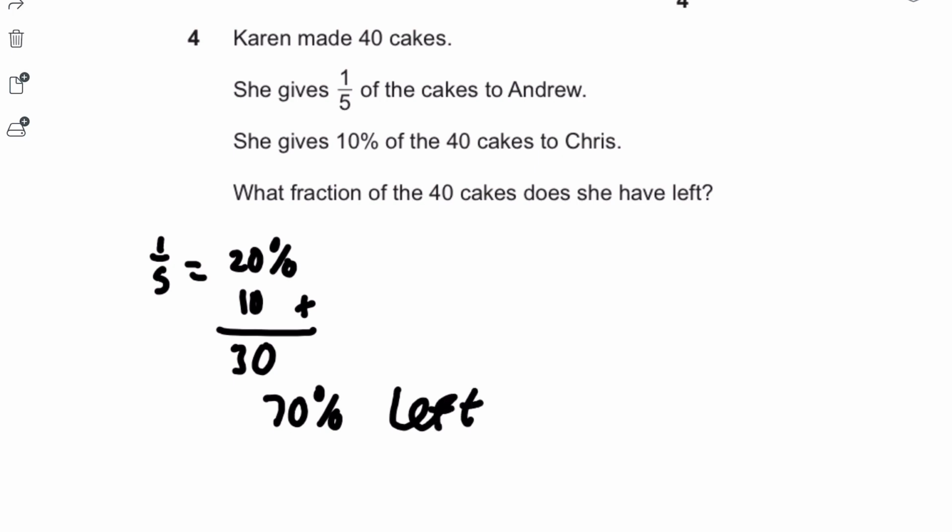So she has 70% left, which would be 0.7 times 40, 28. Out of 40.